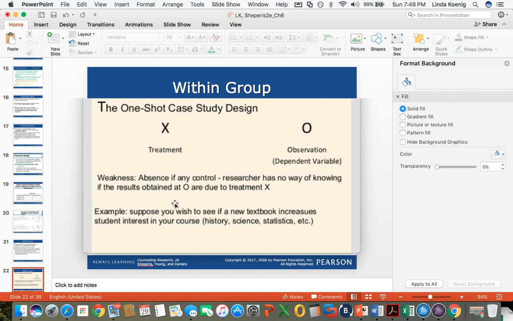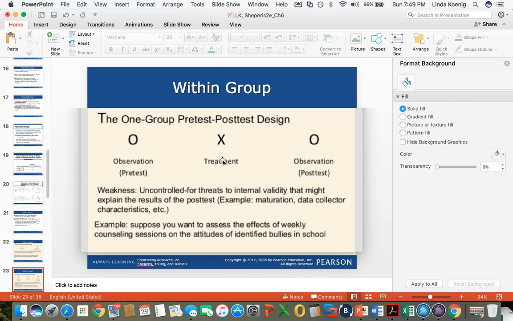So if we wish to see if a new textbook increases student interest in our course, we could do this. But how do we really know what we've got? Because we don't really know what the level of interest was for people who didn't have the new textbook. Okay, so one of the things we can do is add a pretest.